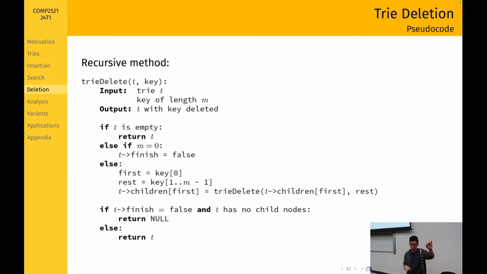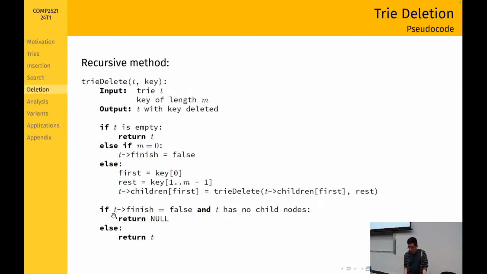Otherwise, if we haven't reached the end of our key, we recursively delete from the subtrie corresponding to the first character, using the same technique as before.